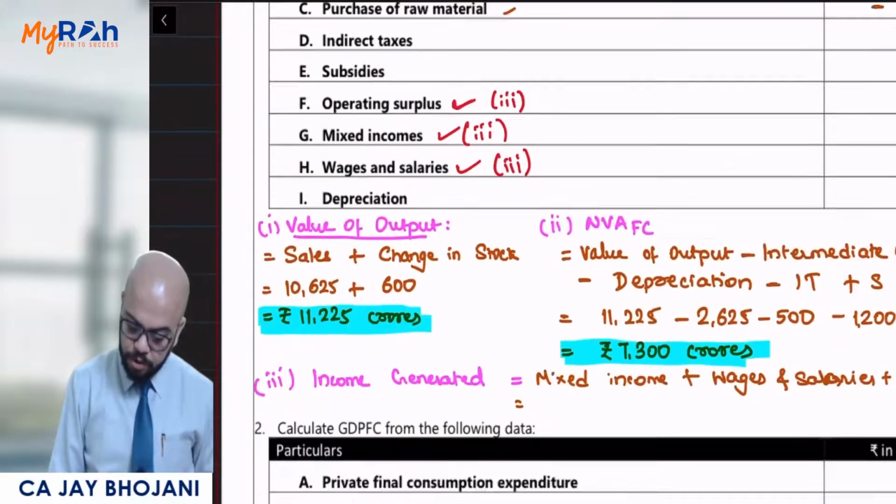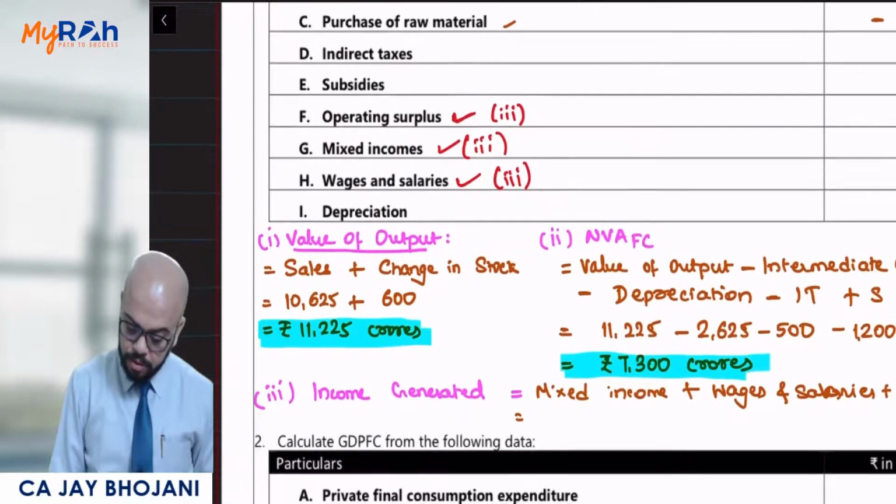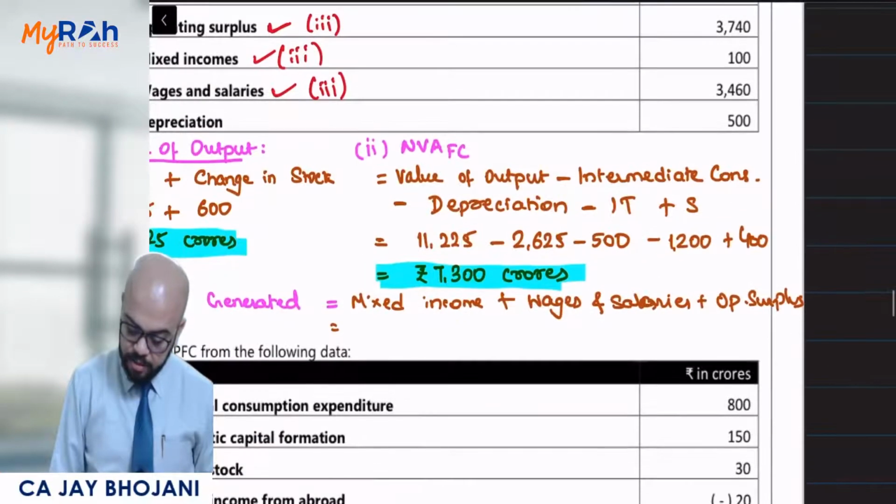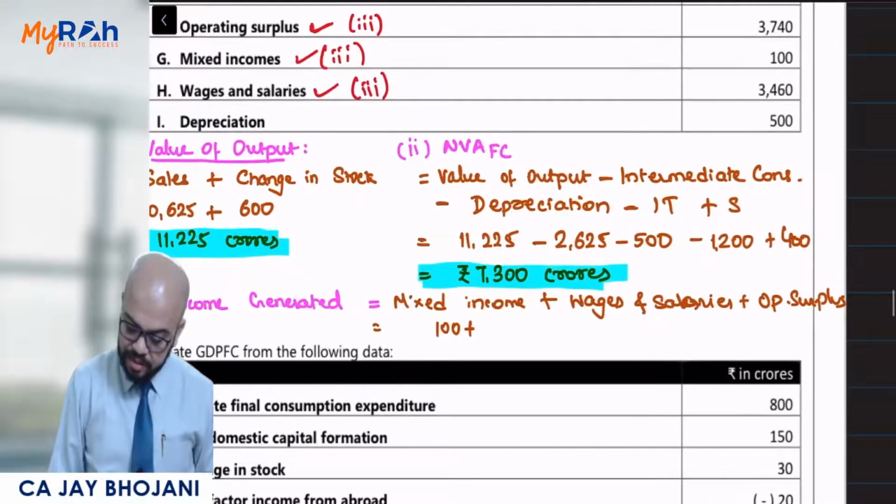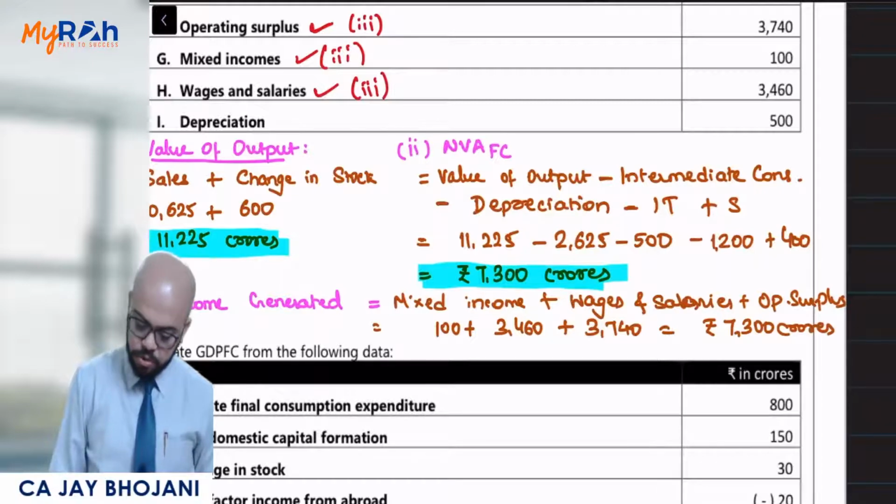Mixed income was 100, wages and salaries 3,460 and 3,740 equals to 7,300 crores.